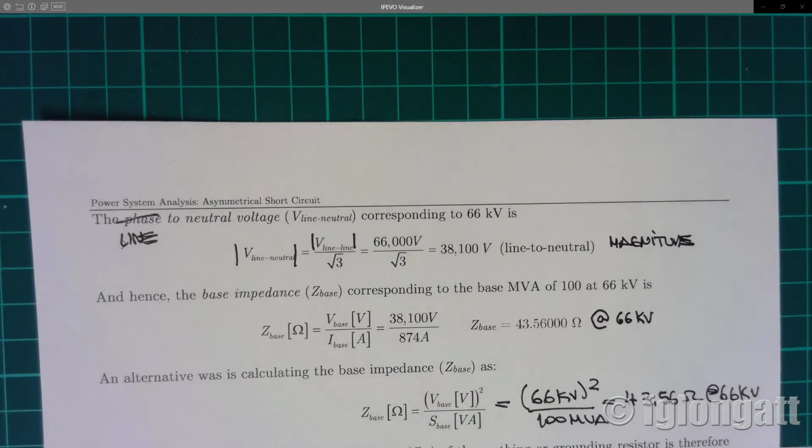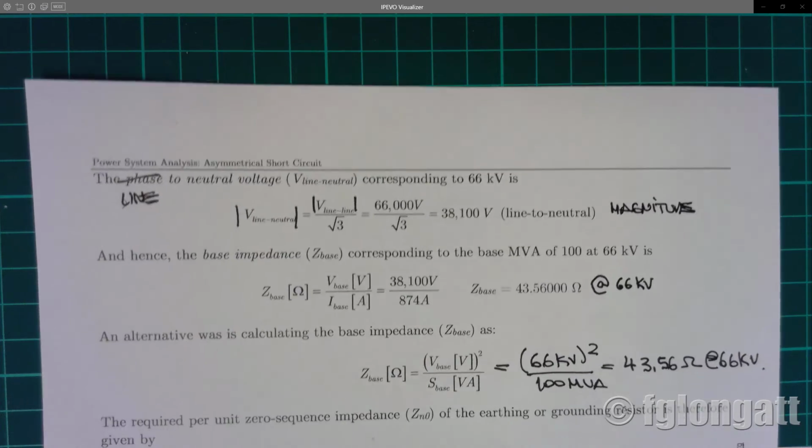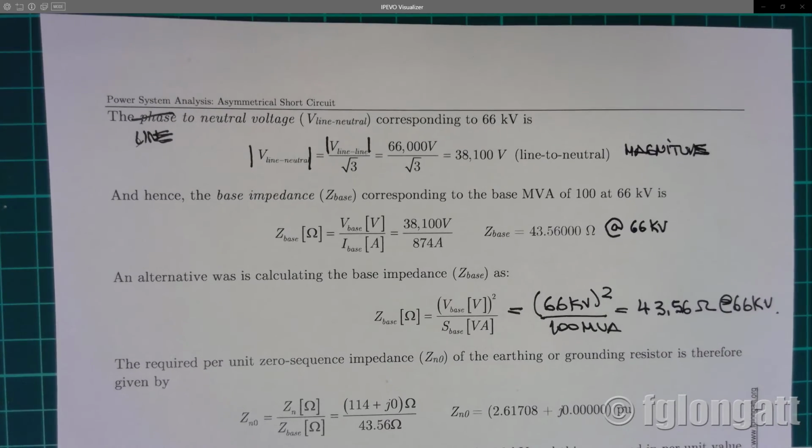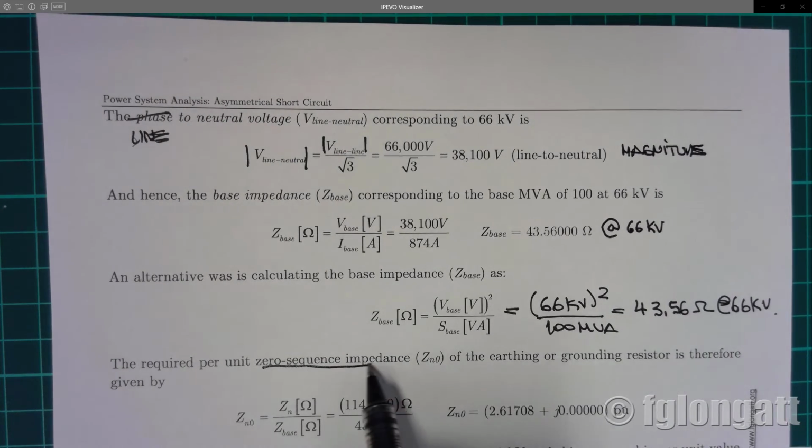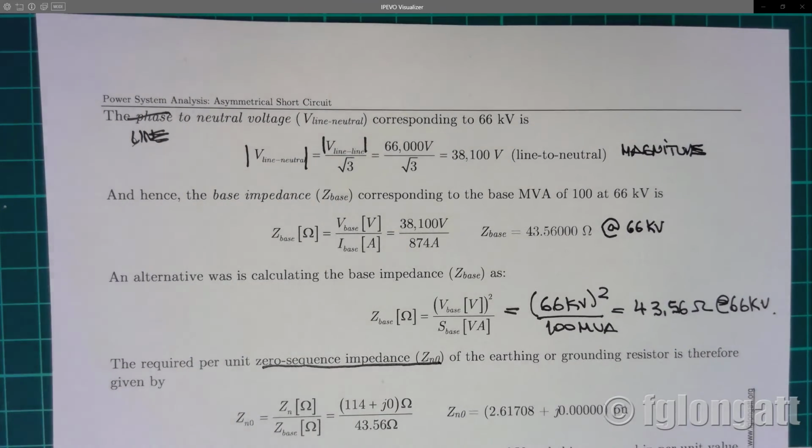What is the next step? Okay, the next step is now we know the impedance base. And if we know the impedance base, we can calculate the zero sequence impedance, remember, for the earthing or grounding resistor.